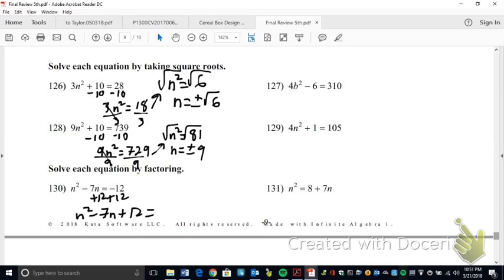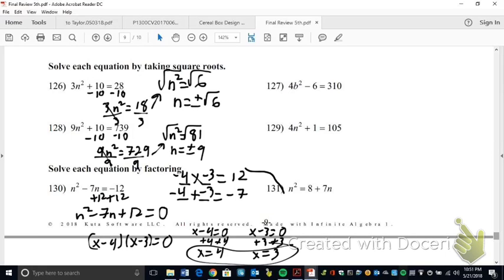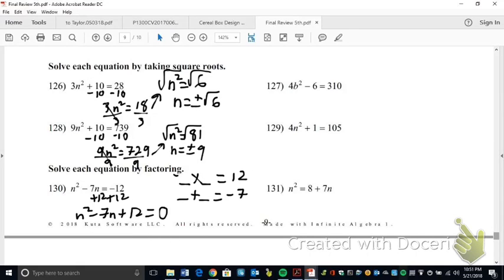So then we want to go, okay, what two numbers multiply to equal 12 and add up to equal negative 7? Negative 4 and negative 3.